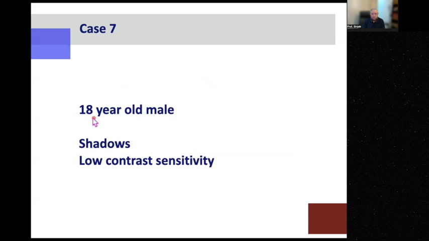Now this 18-year-old male is coming for refractive surgery. The numbers are not important, and what we are going to see about the Pentacam is not important, but I want you to imagine that after asking the patient, this patient is suffering from shadows and low contrast. What's the meaning of low contrast? It means that they feel blurry vision, especially at sunset.